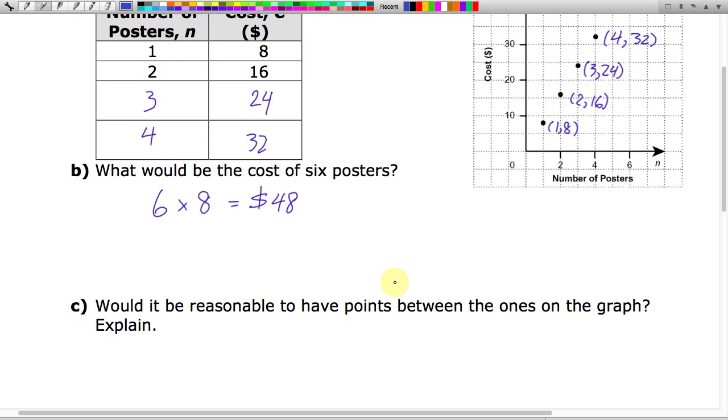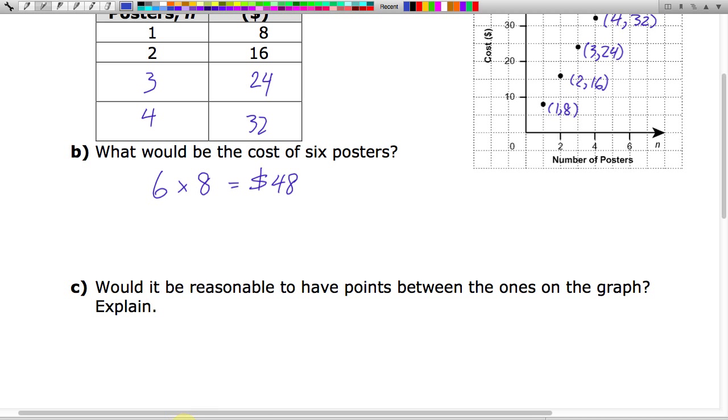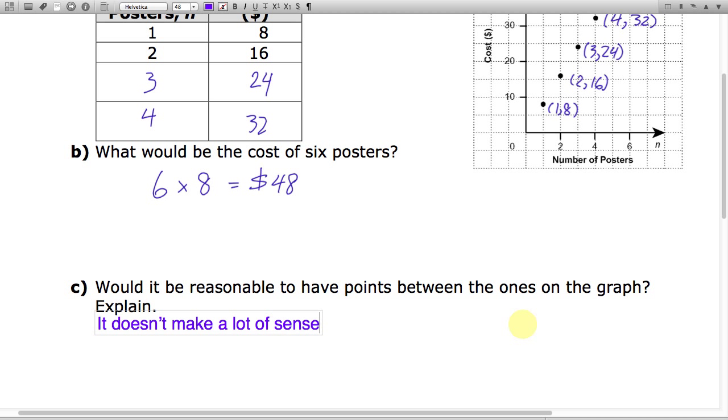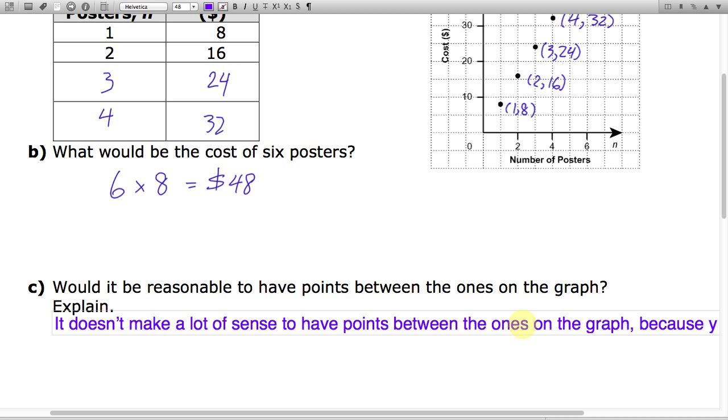So this one is a little bit different than some of the ones that we looked at on the previous page, in that it doesn't make a lot of sense to have points between the ones on the graph, because you probably can't buy a fraction of a poster.